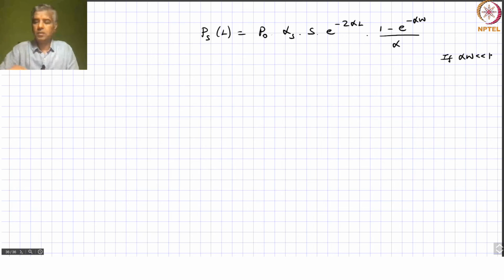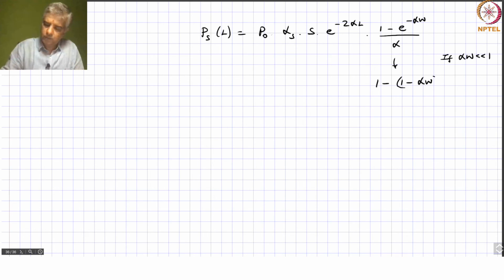If you make the pulse width short enough that there is negligible absorption happening over there, this can be approximated as 1 minus alpha W. e power minus alpha W, when alpha W is far less than 1, can be approximated as 1 minus alpha W, divided by alpha, and then of course that is going to give you just W.